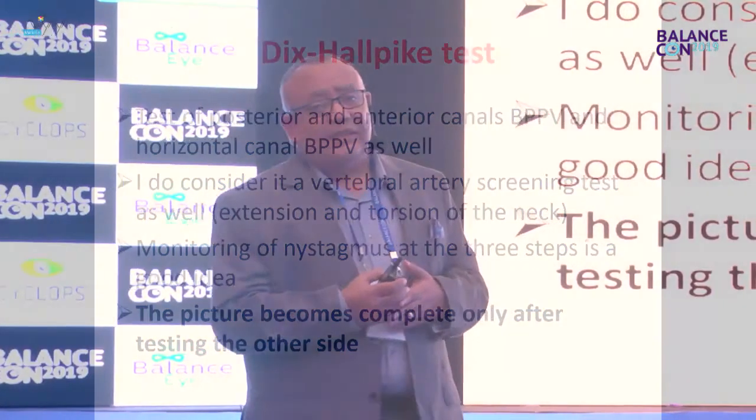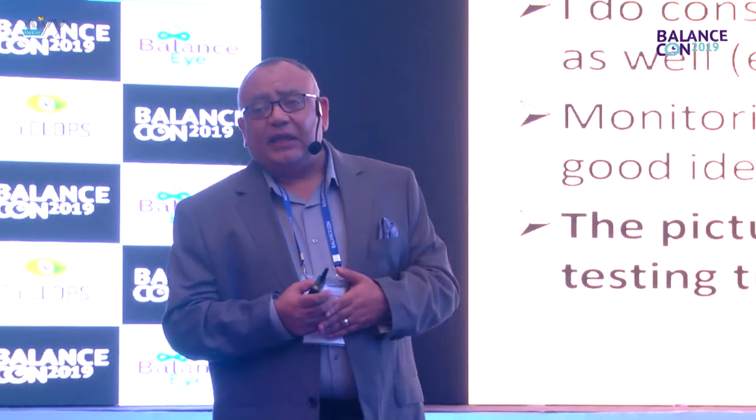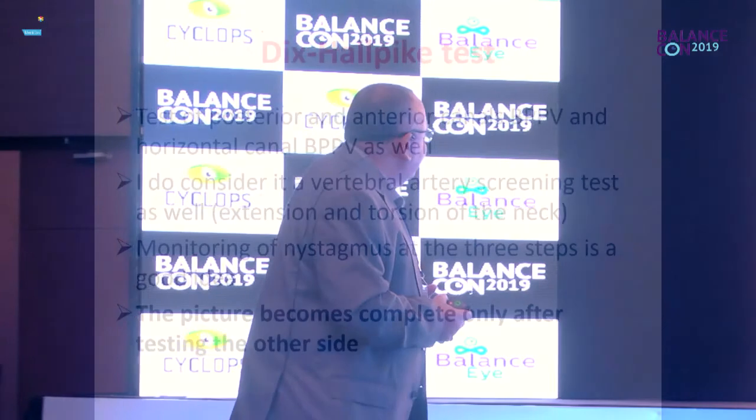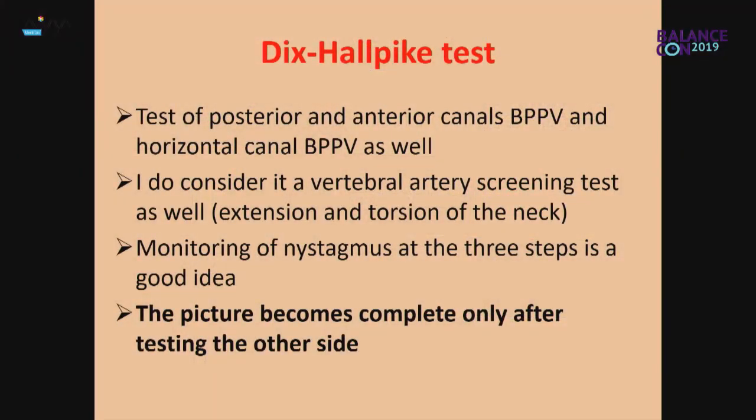Definitely, positional testing may be the most important provocative test, and I will share with you some clinical hints. So the Dix-Hallpike test is the test for posterior and anterior canal BPPV, and horizontal canal BPPV.